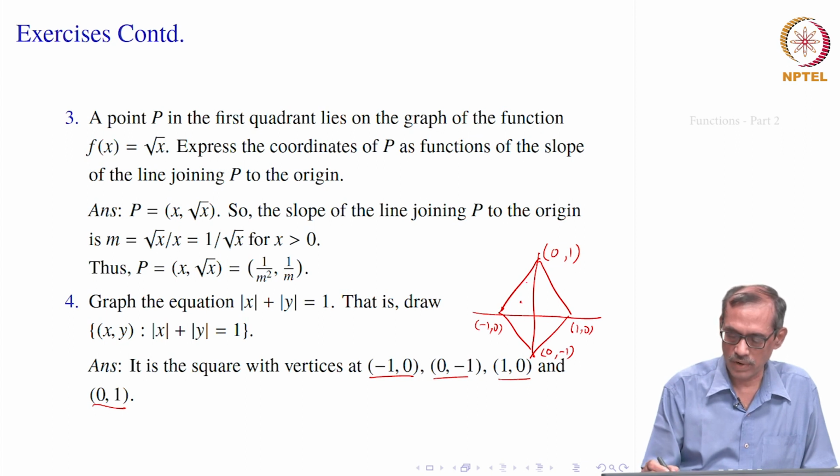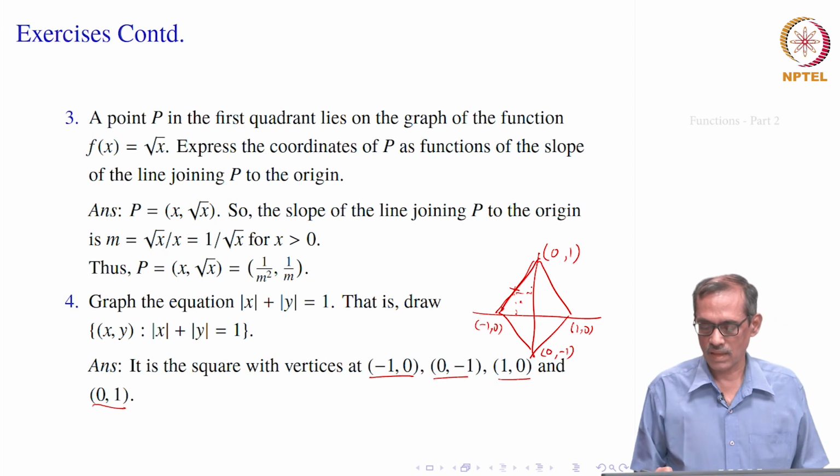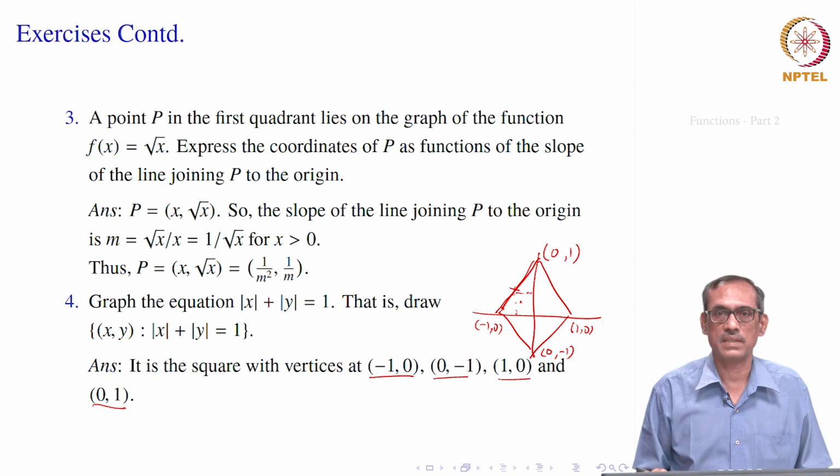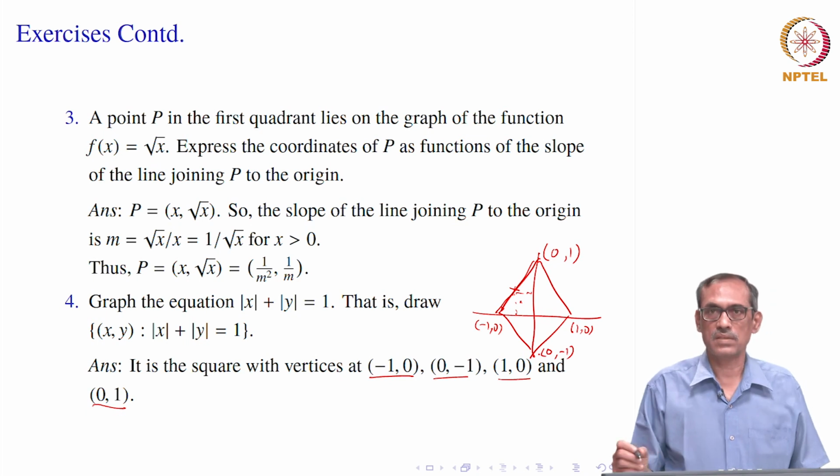But if you take any point on this straight line, that again satisfies mod x plus mod y equal to 1. So, it is really the square joining these vertices. These 4 points are the vertices of this square. Okay. So, let us stop here.